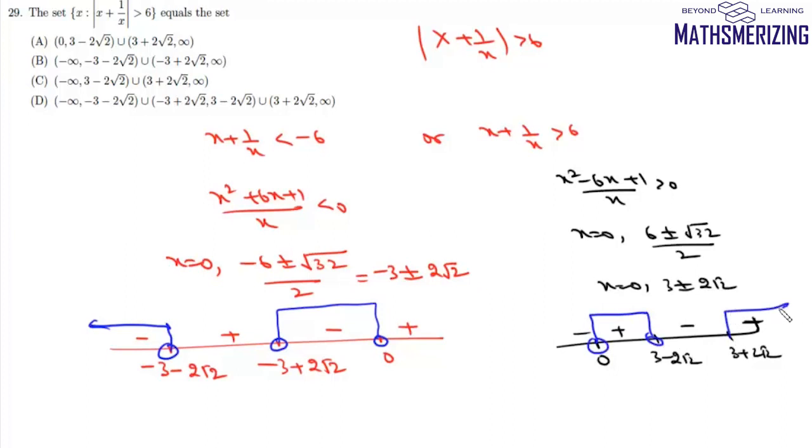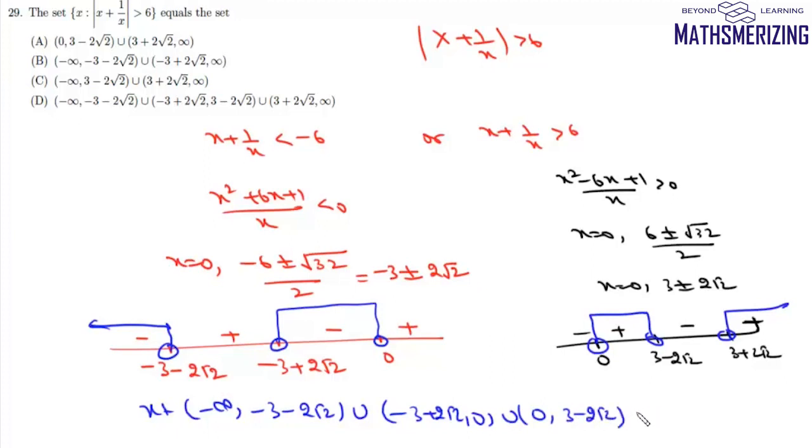So the answer to this question will be x belongs to from minus infinity to minus 3 minus 2 root 2, union minus 3 plus 2 root 2 to 0, union 0 to 3 minus 2 root 2, union 3 plus 2 root 2 up to infinity.